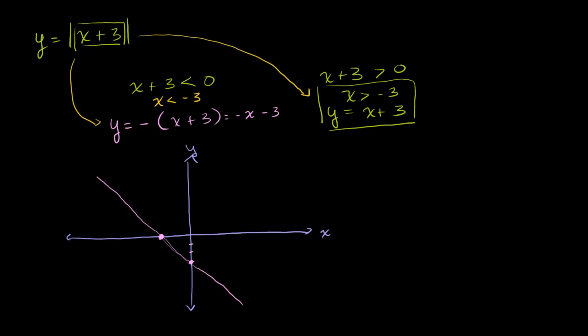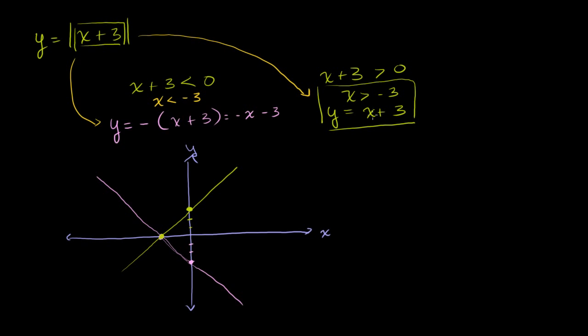Now this graph, what does it look like? It has this y-intercept at positive 3, just like that. And where's its x-intercept? When y is equal to 0, x is negative 3. So it also goes through that point right there and has a slope of 1. So it would look something like this. That's what this graph looks like.